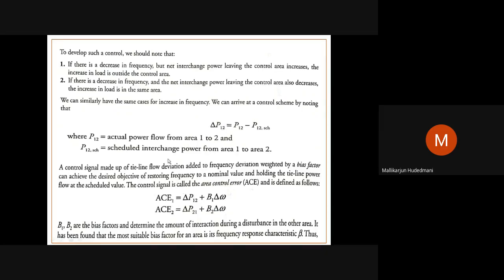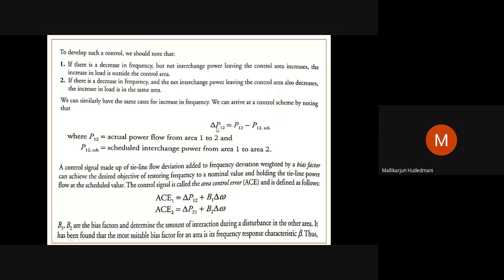Using this, we can write a control signal made up of tie line flow deviation added to frequency deviation weighted by a bias factor, which can be achieved as the desired function. What is this? Just see this control area. The area control error of interconnected area number 1 is the mismatch power that the areas are exchanging among themselves.